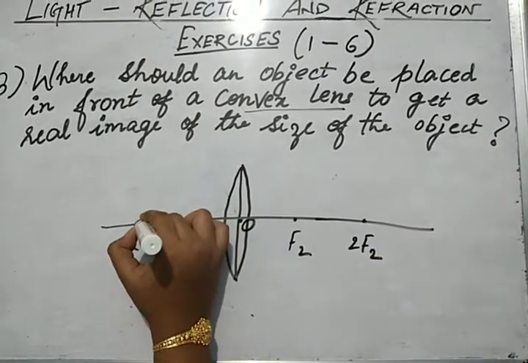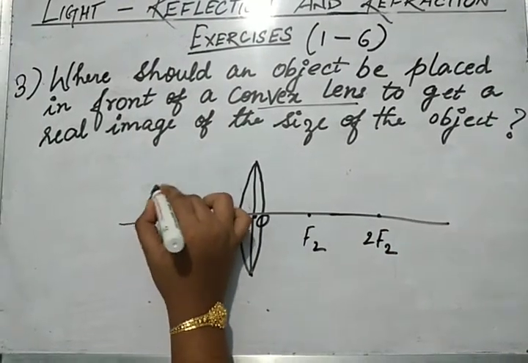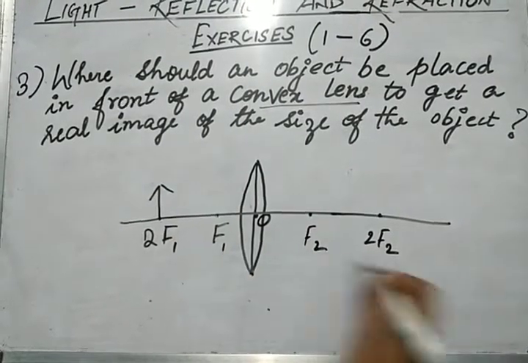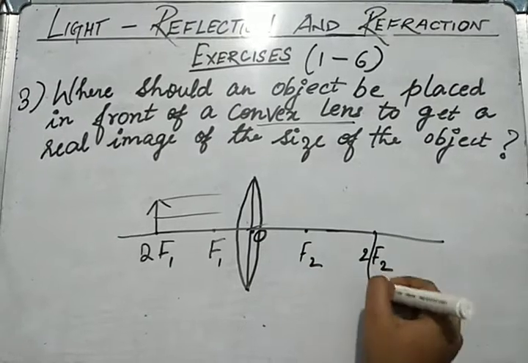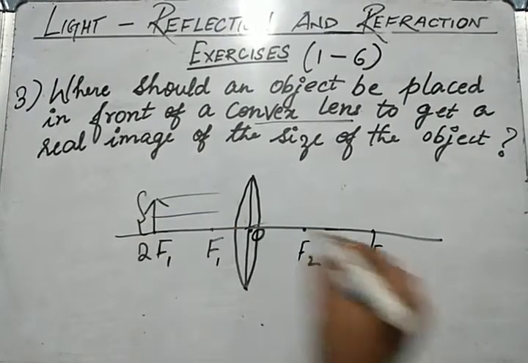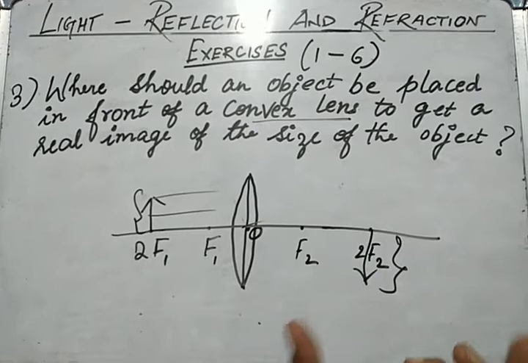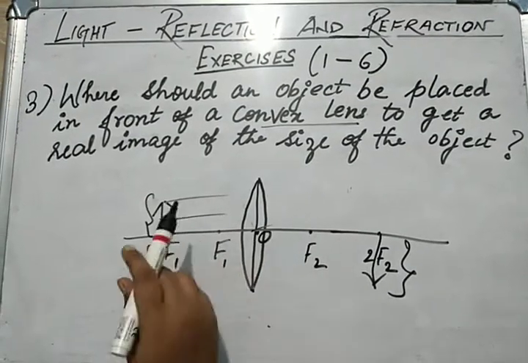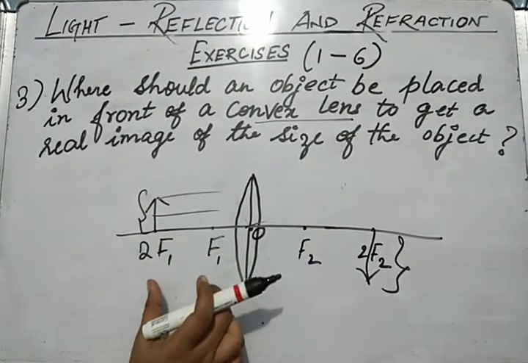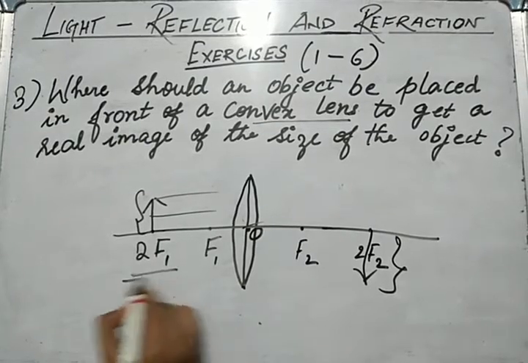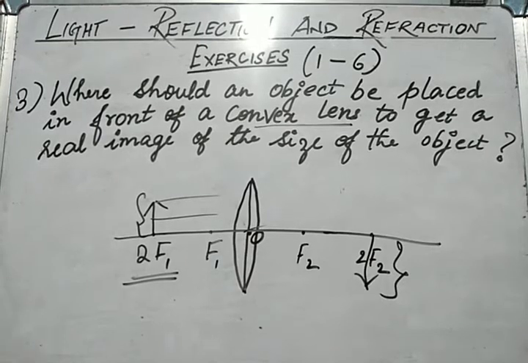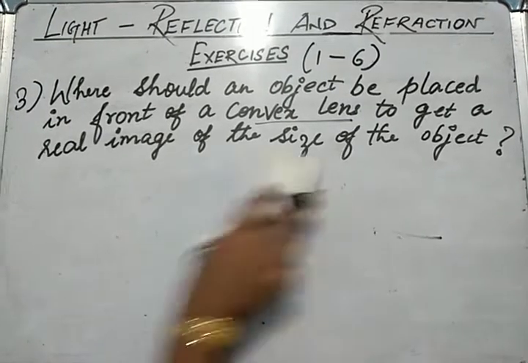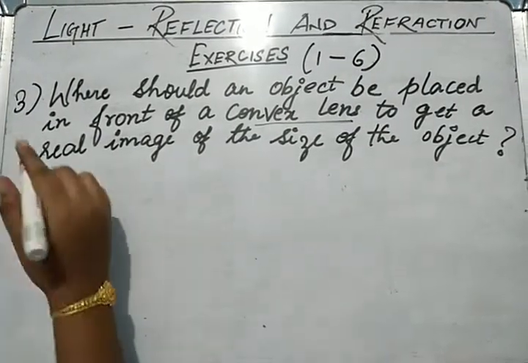When our object was somewhere over here, our image, after drawing all the rays, was somewhere over here and it was of the same size. Just remember the ray diagram, okay? So where is our object placed? It is placed at 2F1, twice the focal length. Just remember all the ray diagrams and you will be able to recall.